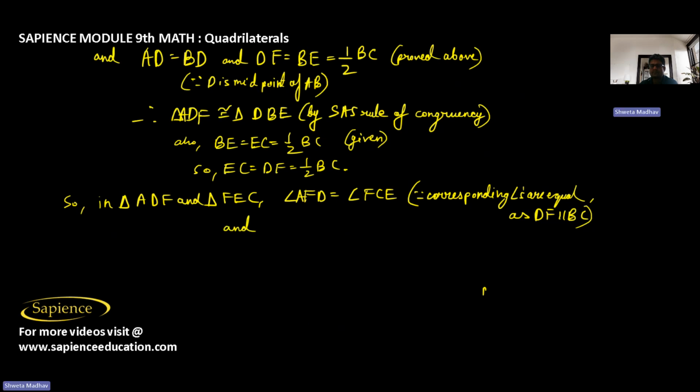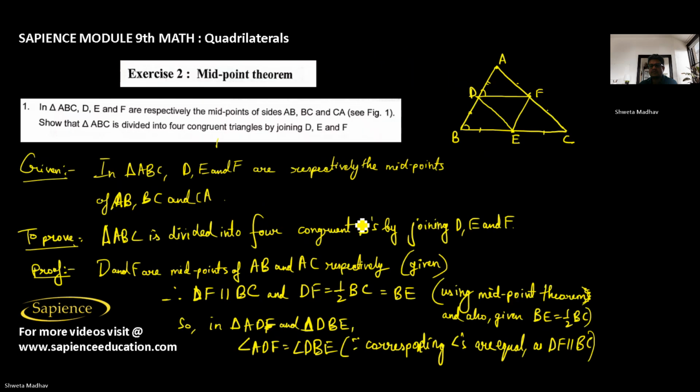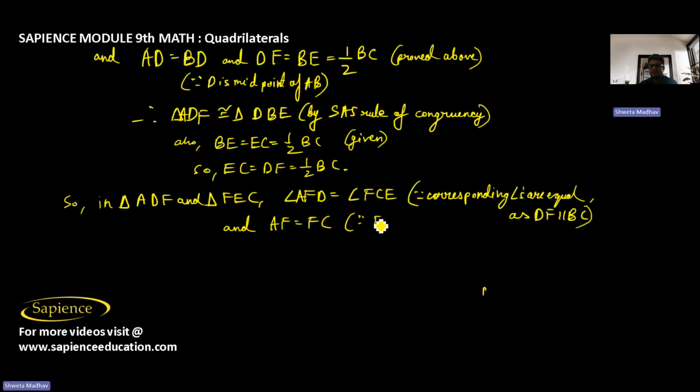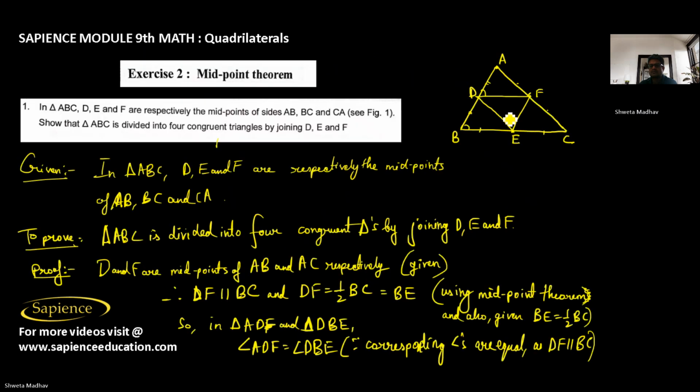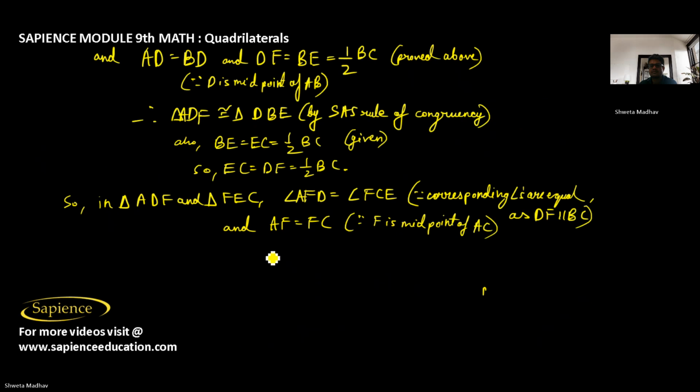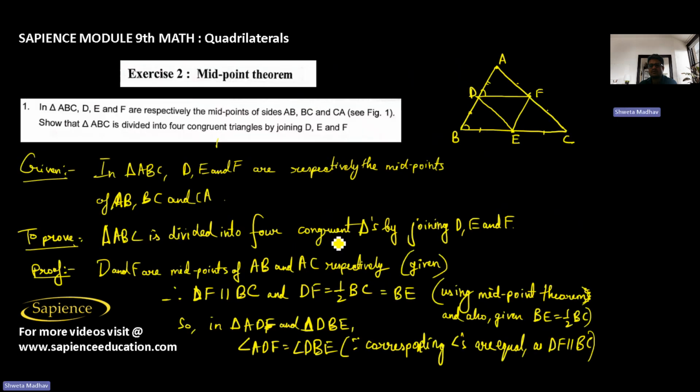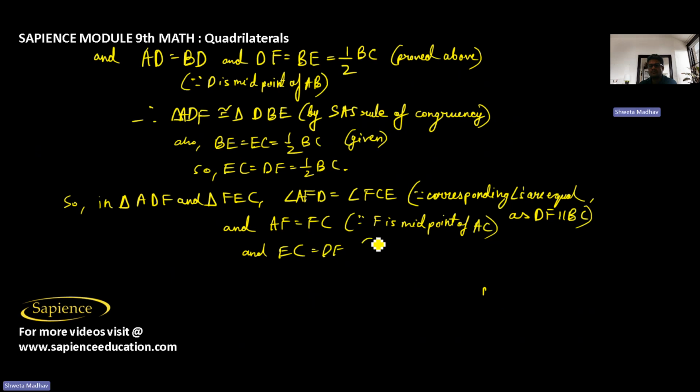And also AF equals FC, since F is the midpoint of AC, which is given. And obviously EC is equal to DF, which is proved above.